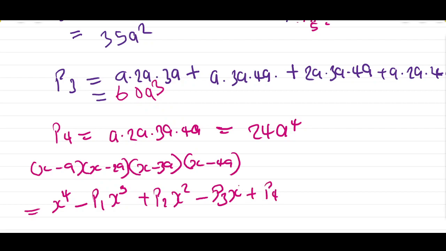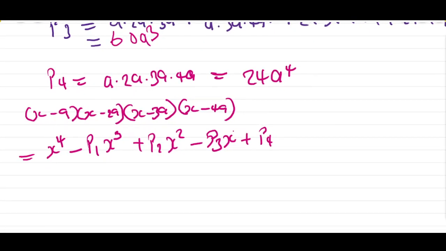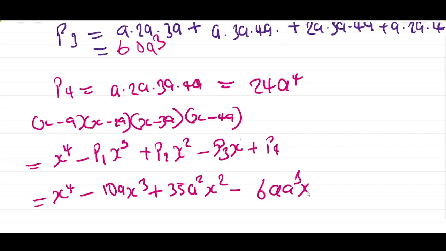So p1 gives us 10a and p2 is 35a squared. So this is x to the fourth power minus 10a x to the third power plus 35a squared x to the second power minus 60a cubed x plus 24a to the fourth power.